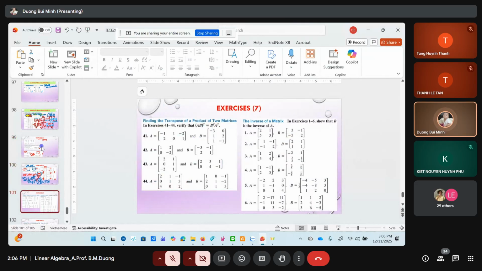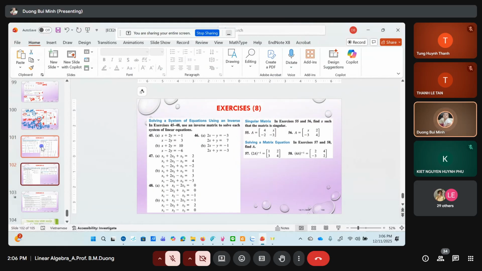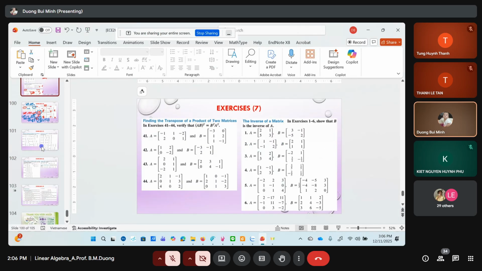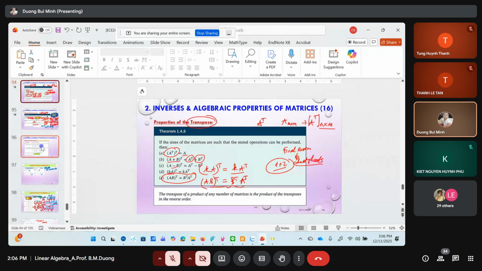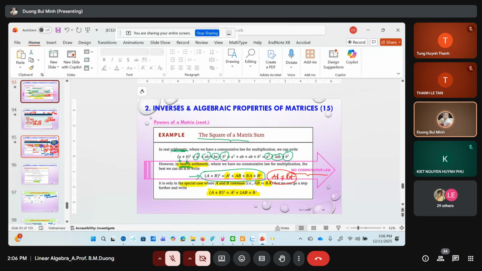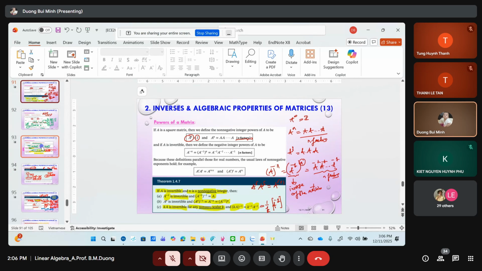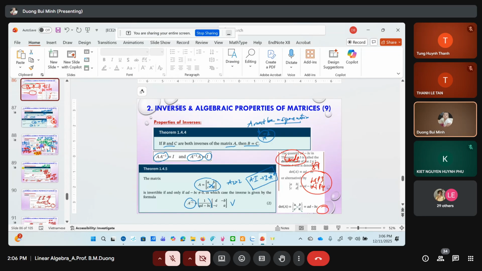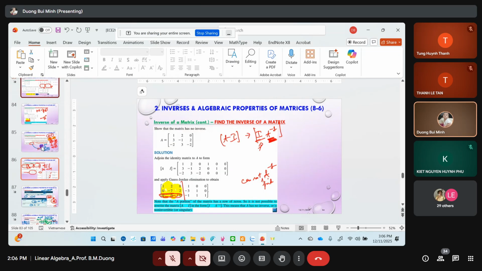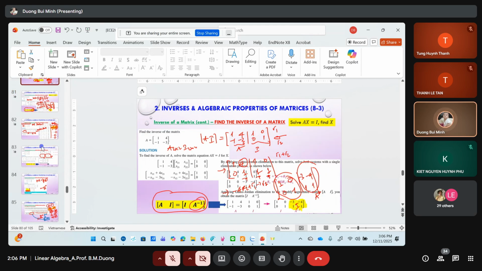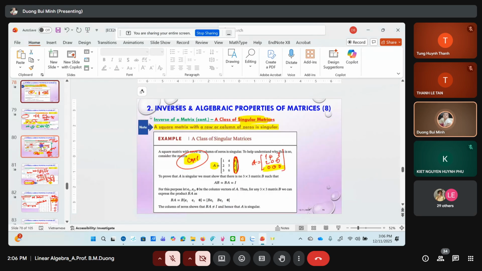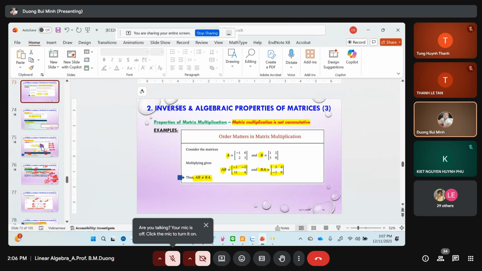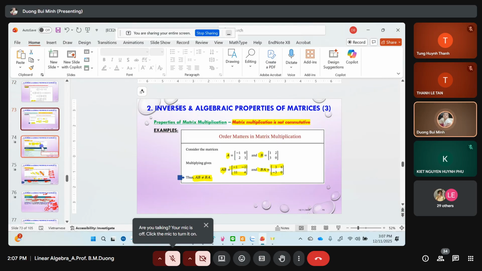And we have homework 7 and homework 8. Let me see, we have some exercises. Let me check.